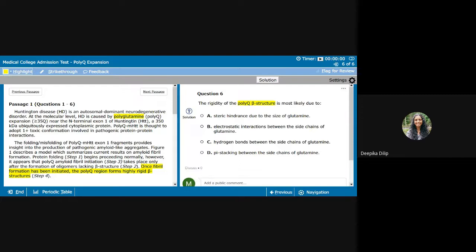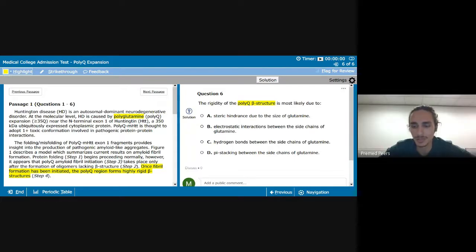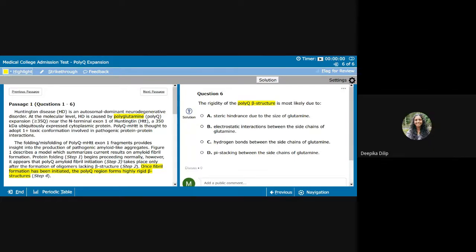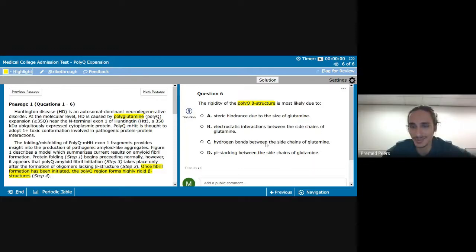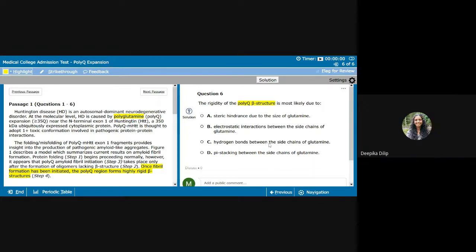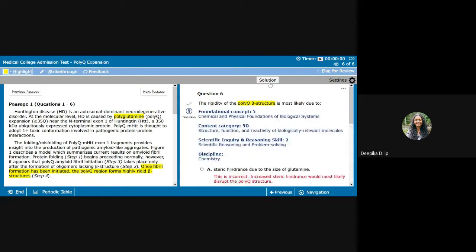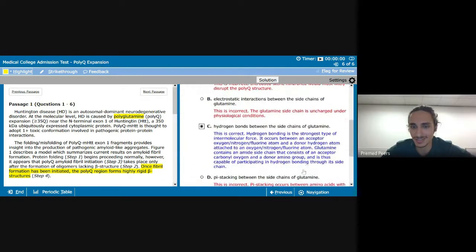Oh, the carbonyl. Sorry, the amide group, the oxygen in the amide group. Right, can it act as a hydrogen bond acceptor? So something about hydrogen bonding, right? Yes. Okay. So the thing is C or A or D? Yes. All right. So the answer is C, which is right.